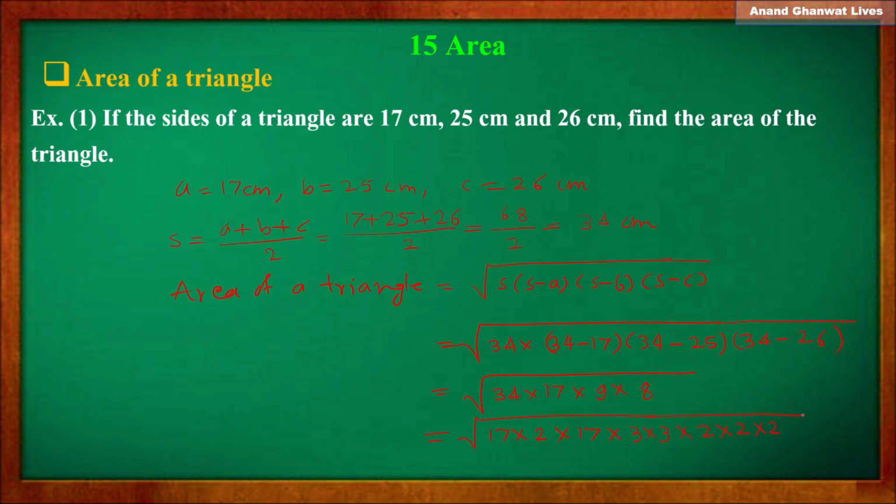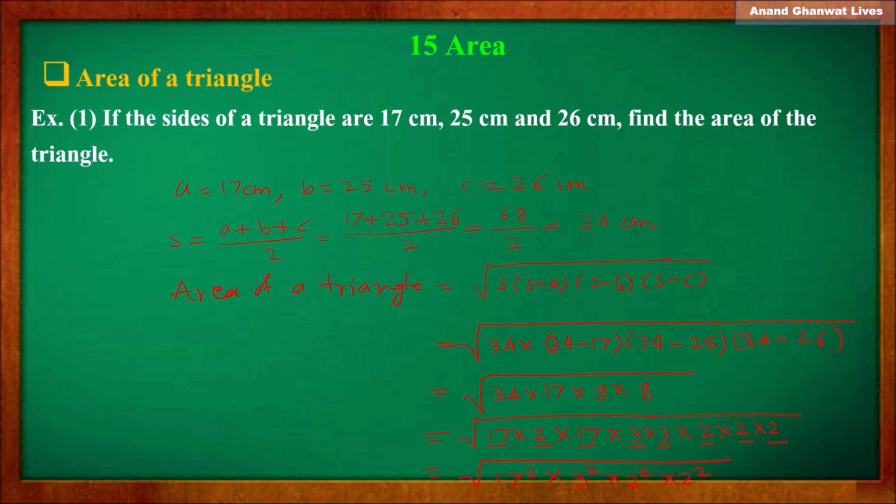So those are the factors of the given numbers. Now square root of 17 into 17, that is square of 17, into 3 into 3, that is square of 3, into 2 into 2, that is square of 2, and 2 into 2, that is square of 2.